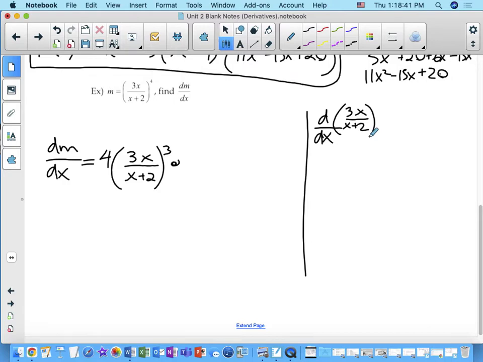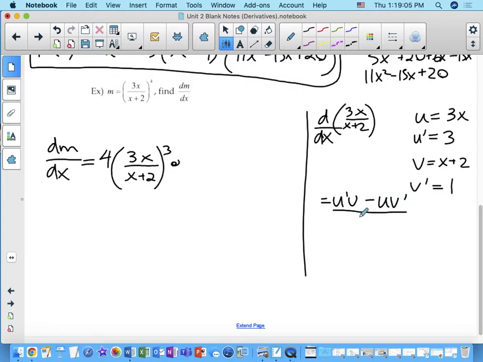Okay, well, we got our u, which is 3x. u prime would be 3. We got our v, which is x plus 2. And v prime is 1. So this is going to equal u prime v minus u v prime over v squared.